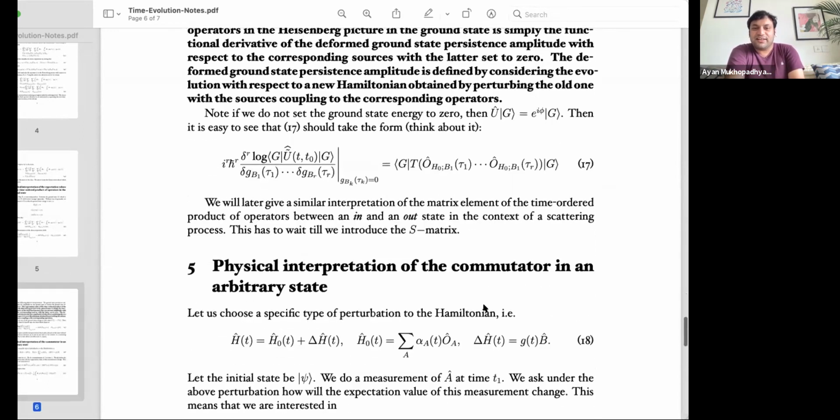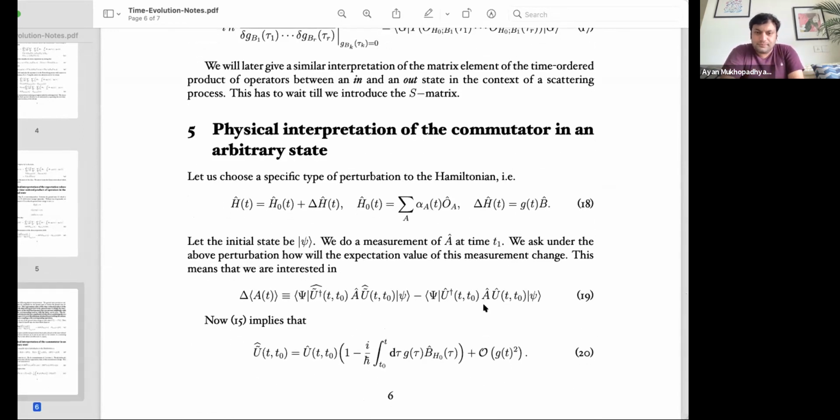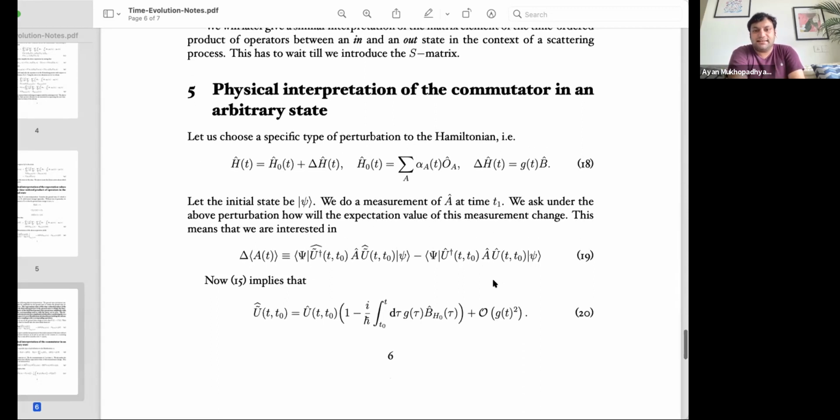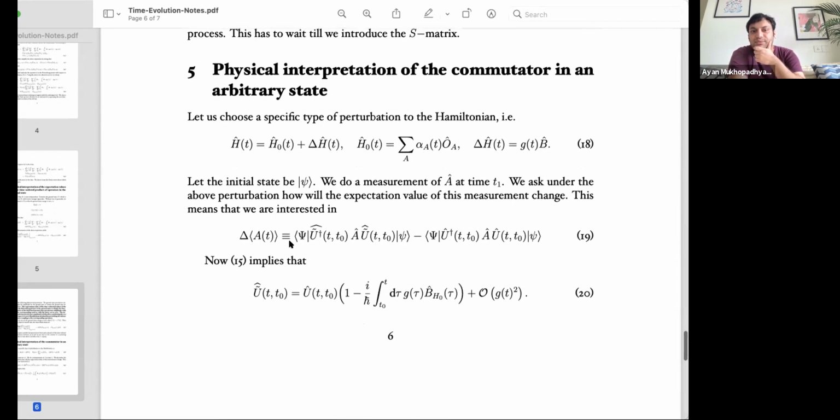We can also try to look at things in a very different way. All right. Now comes the physical interpretation of the commutator. So this is something that I think I worked out. Essentially, you take the picture that you have the old Hamiltonian, and this perturbation involves a single coupling to a single operator B. And now I want to see how the expectation value of A has changed.